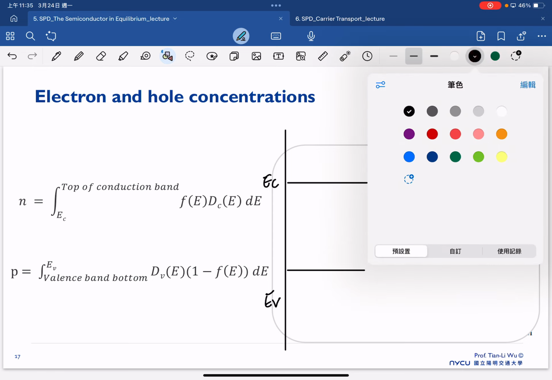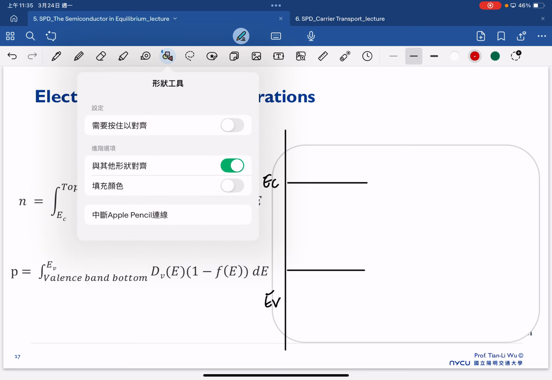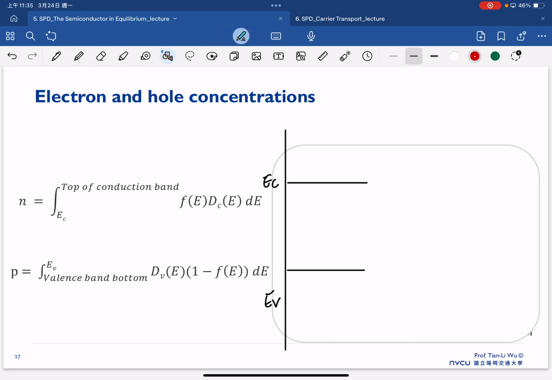But if we consider EF here, what will be the change for this plot if we have EF close to EC? Similarly, let's do it step by step. Once we consider EF close to EC, we can still draw the GC and GV, but here they call them DC and DV, but it's the same thing.